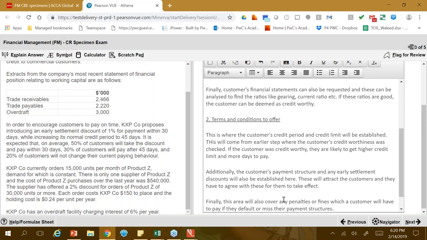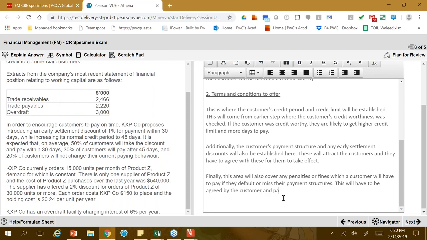If they miss their payment structures, these will have to be agreed by the customer and may take the form of legal proceedings if this happens. And that's it. So another 3 marks here on terms and conditions to offer. And again, there are many other points that you've given me, which are all fine, and you could have brought those points out and written them, but please stop yourself from writing everything you know in the world.